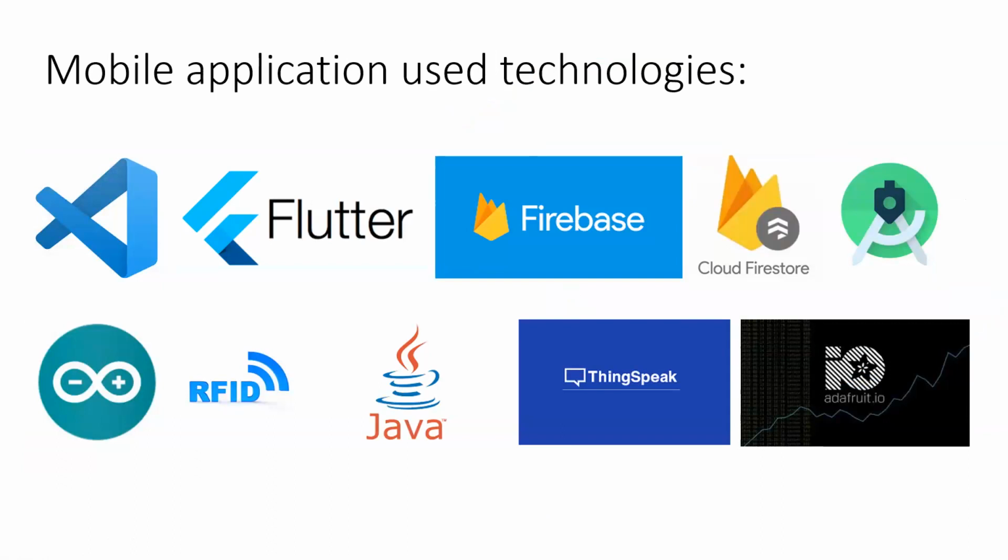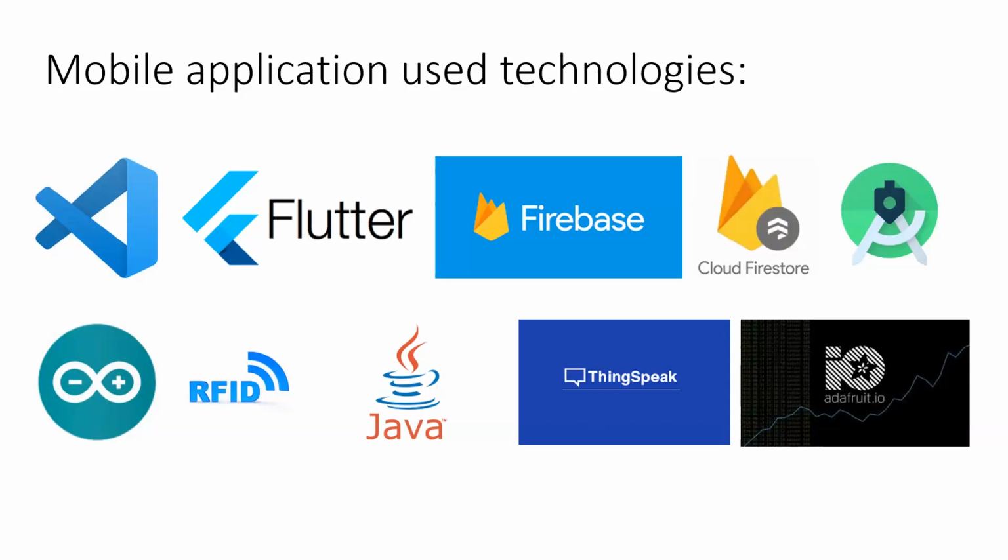Java is the object-oriented concept that I have used as the backend. I'm using ThingSpeak to send the data from the IoT device to the cloud, then from ThingSpeak to Firestore, and Adafruit for some relevant libraries to add in the Arduino IDE.